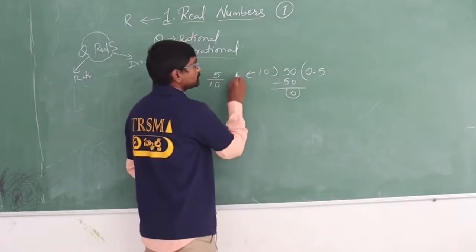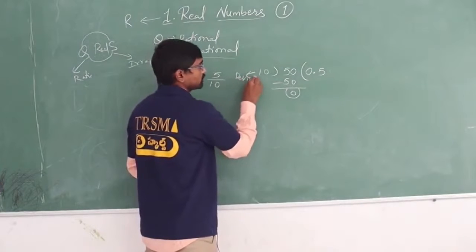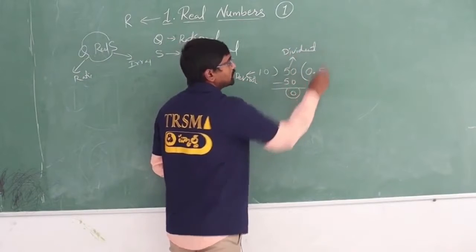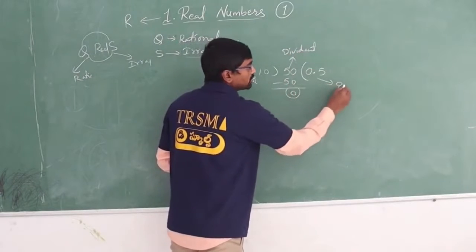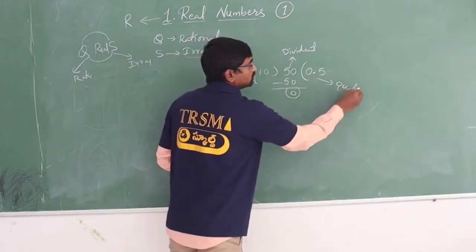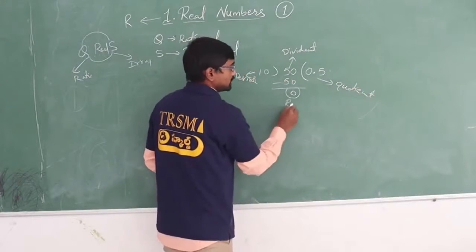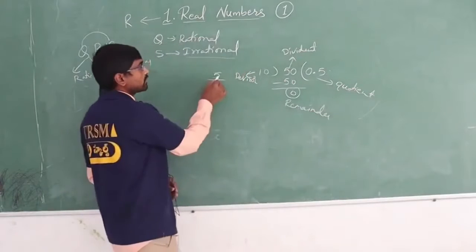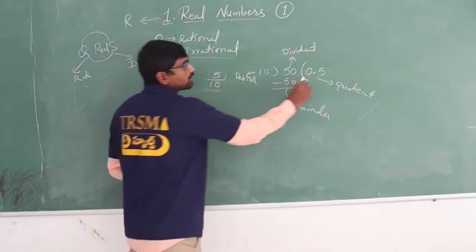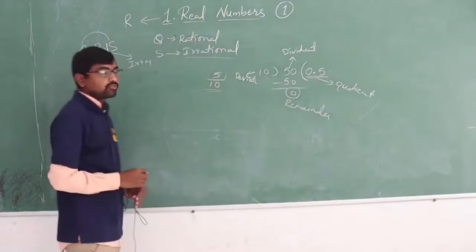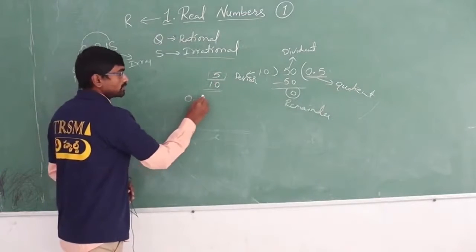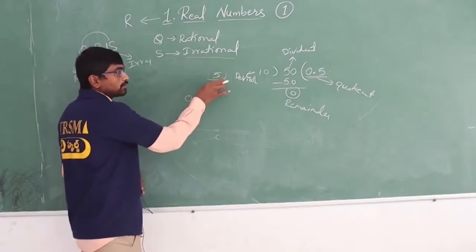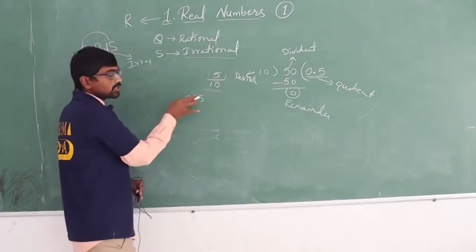This is the divisor, this is the dividend, this is the quotient, and this is the remainder. So we have converted 5 divided by 10 into decimal form, that is 0.5.